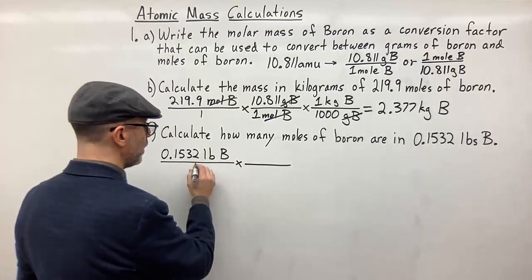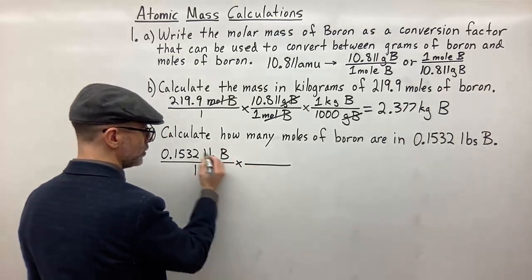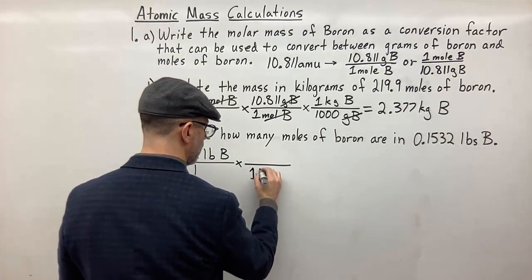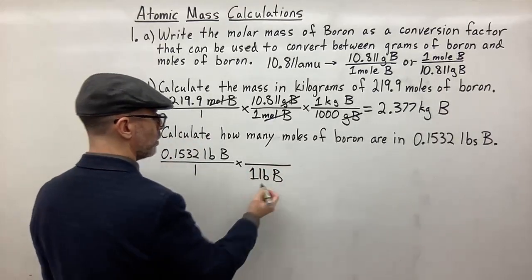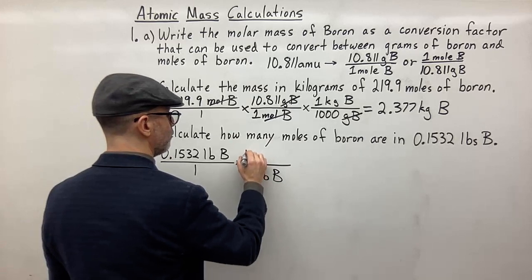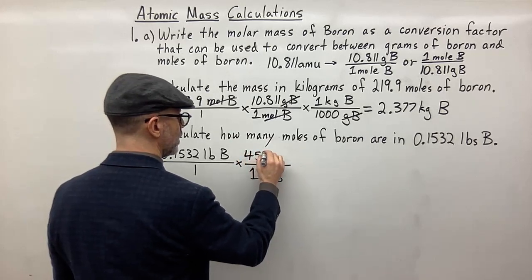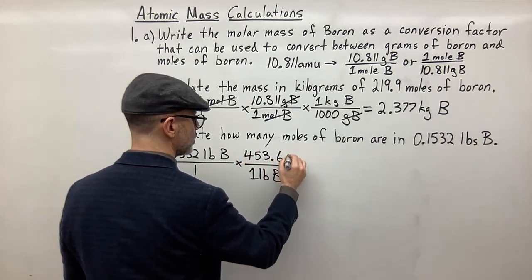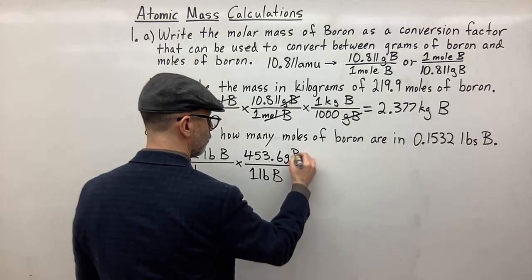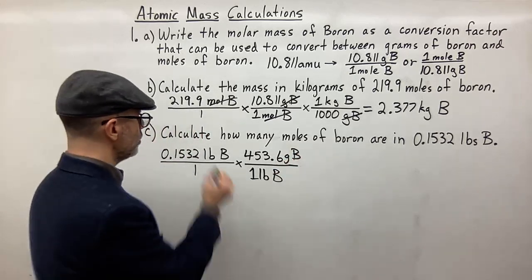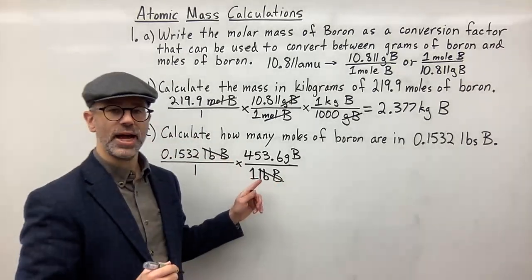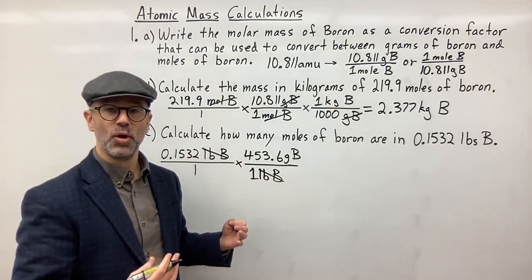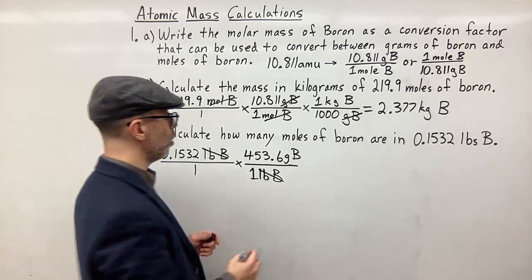So 1 pound is going to go on the bottom because I have pounds here. I'm going to put 1 pound of boron on the bottom, and 453.6 grams of boron on the top. So now pounds of boron cancels out. Now I have grams, so now I can use the molar mass to convert to moles.